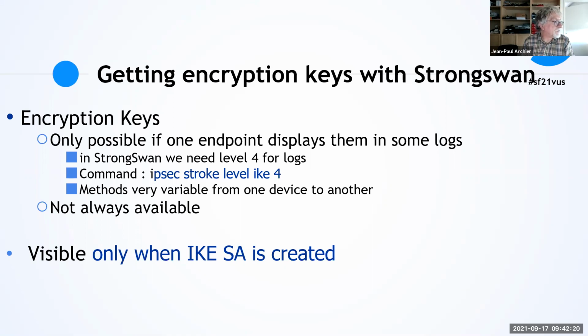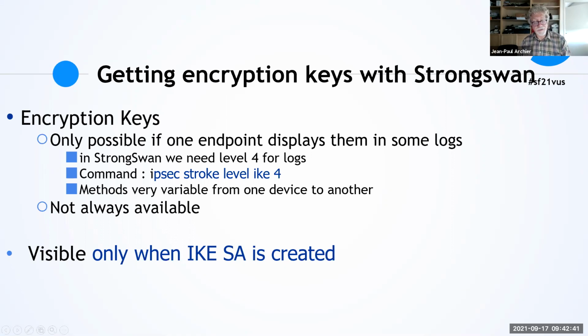Perhaps the commands or the methods could be different from one distribution, package or version to another, but the command I've used in this case is ipsec stroke loglevel ike 4.